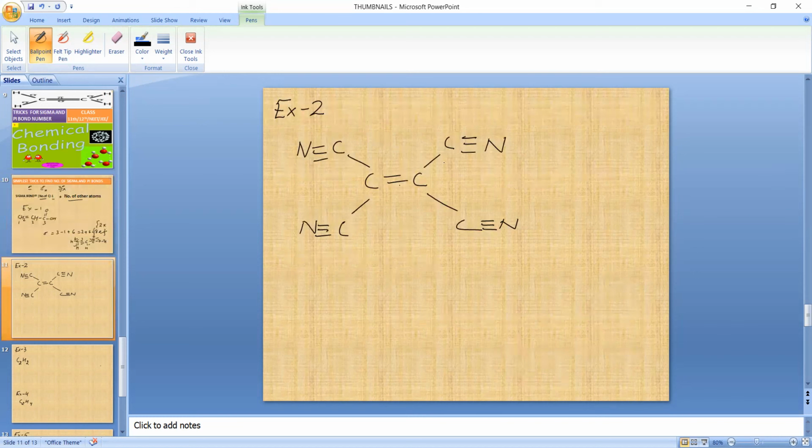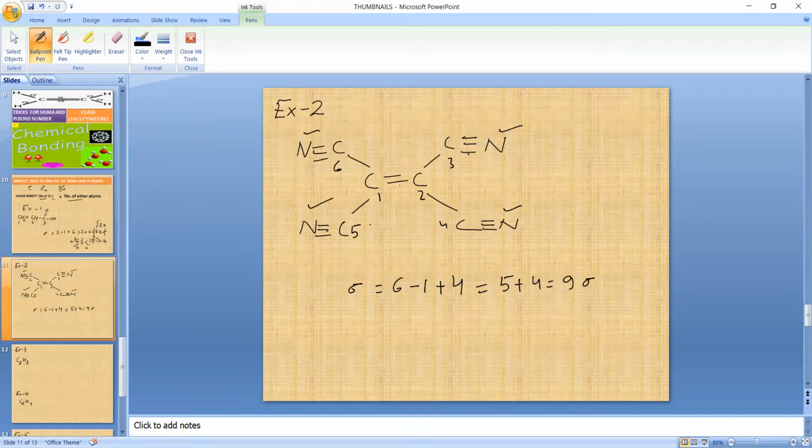Example number 2. First of all, count the number of carbon atoms: 1, 2, 3, 4, 5, and then 6. The sigma bond formula is 6 minus 1 plus the number of other atoms: 1, 2, 3, and 4. 6 minus 1 is 5, plus 4 is equal to 9 sigma bonds.